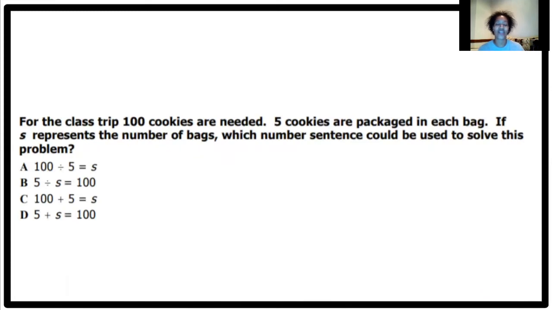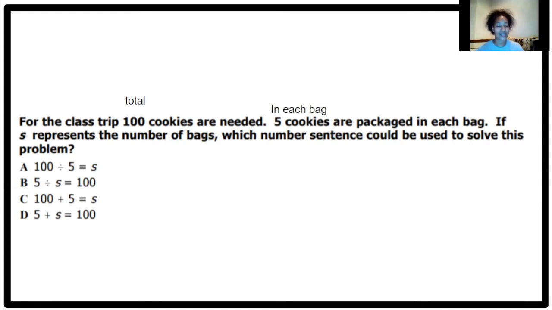We know that there are 100 cookies needed. That's our total. We also know how many cookies will be packaged in each bag. We know that there will be 5 cookies packaged in each bag.